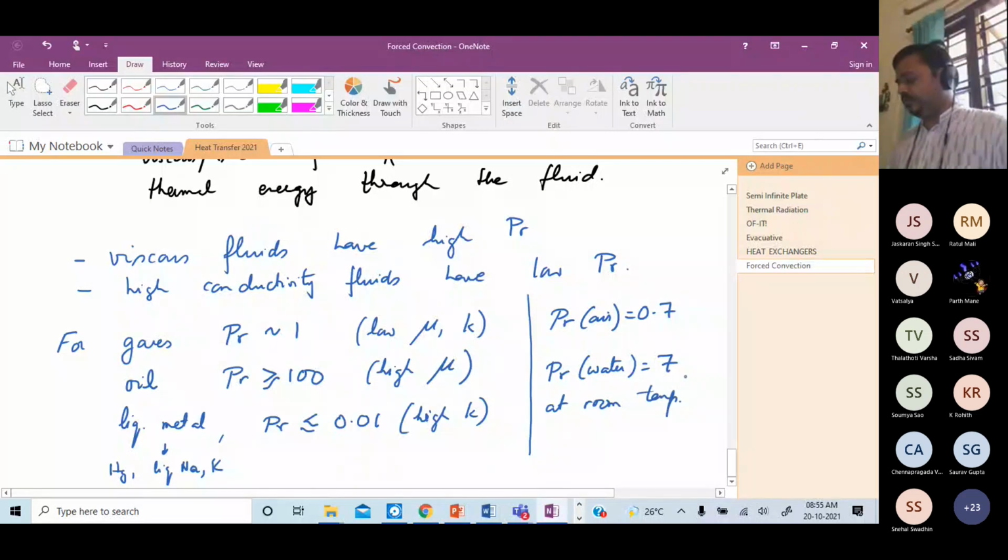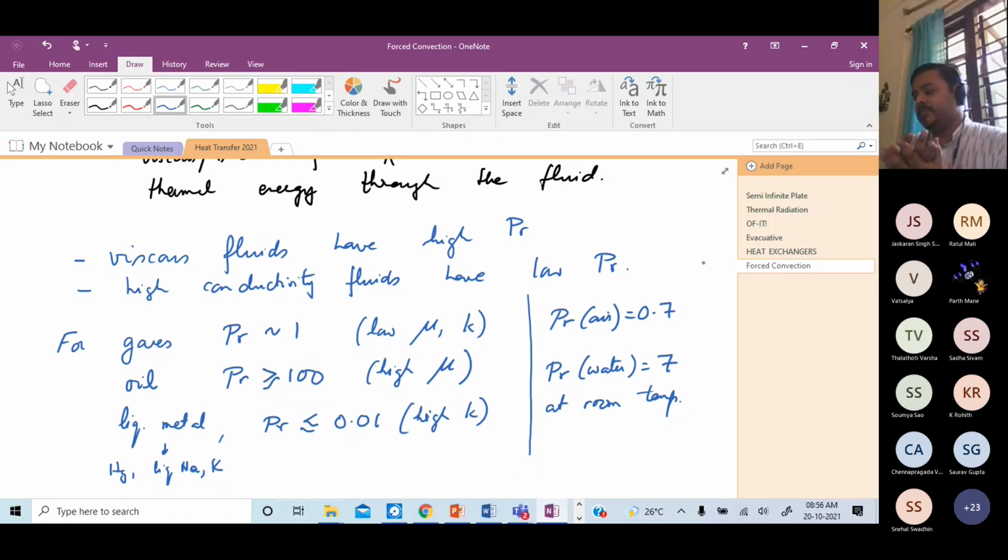at room temperature. Okay. So air doesn't change much in the range that we work in, but Prandtl number of water changes quite a bit. At room temperature, like 25 degrees or so, it is 7. If you go to some 70, 80 degrees, it becomes like 5, 4.5, and so on. And the reason is, as the temperature goes up, the viscosity goes down.